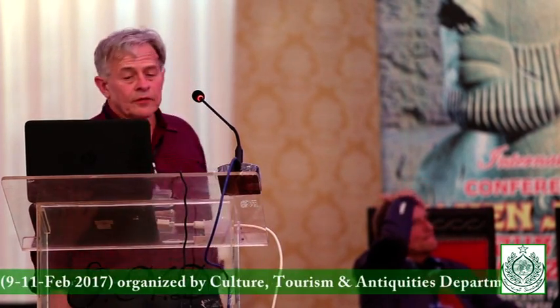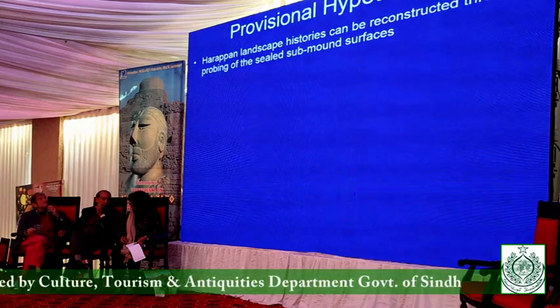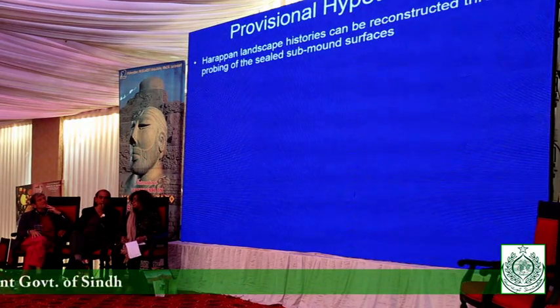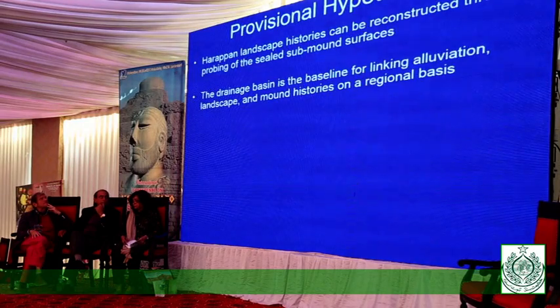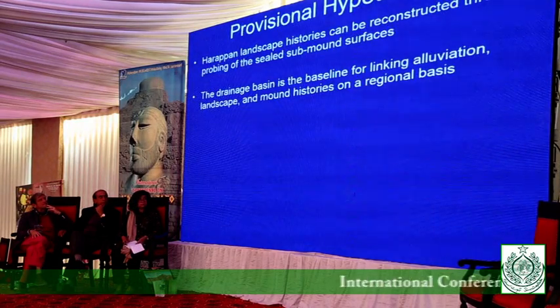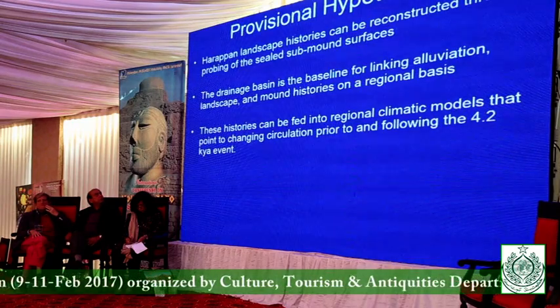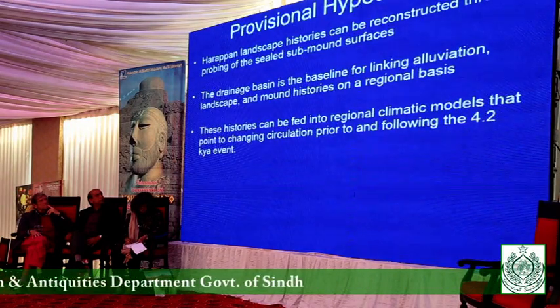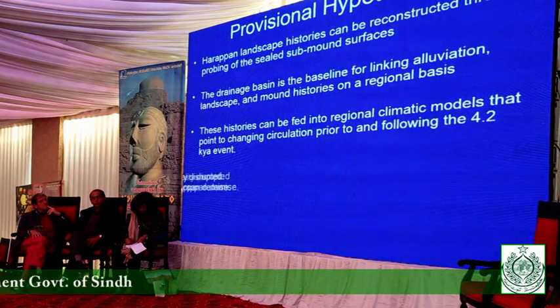So, provisional hypotheses that we've generated. First, Harappan landscape histories have to be reconstructed through probing of the sealed mound surfaces, submound surfaces. The drainage basin is the baseline for linking flood activity, landscape, and mound histories on a regional basis with some modifications. These histories can be fed into regional climatic models that point to changing circulation prior to and following the 4.2 KYA event.